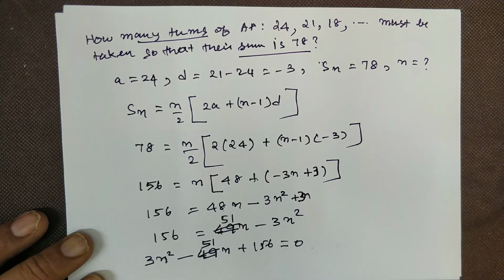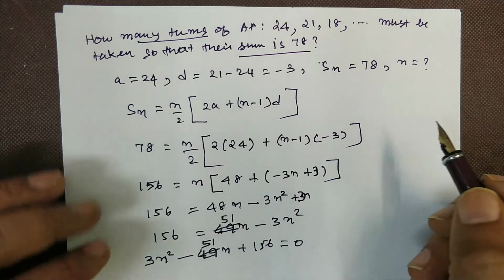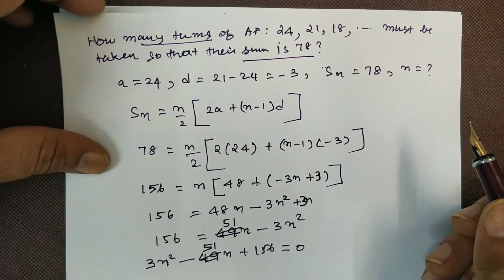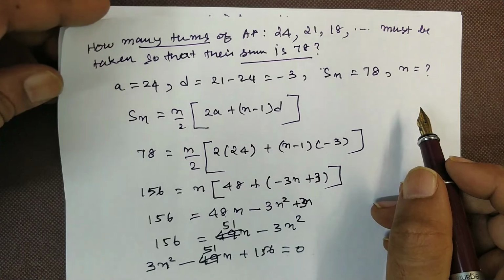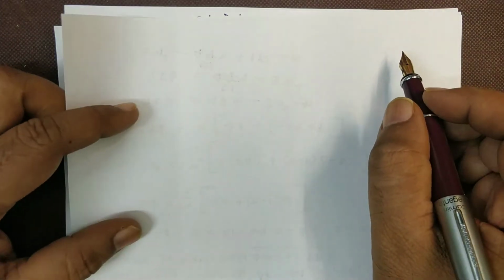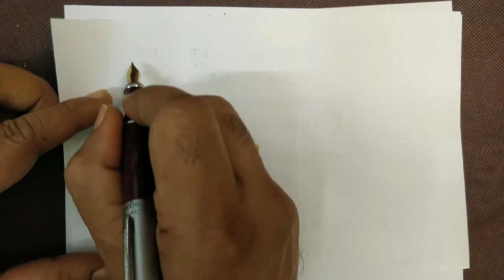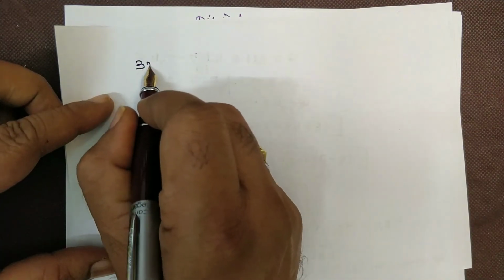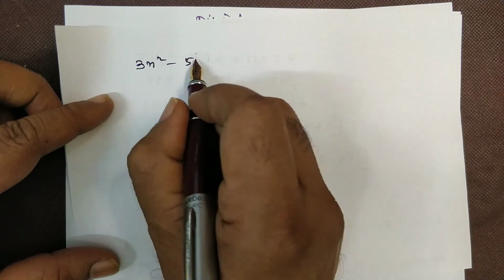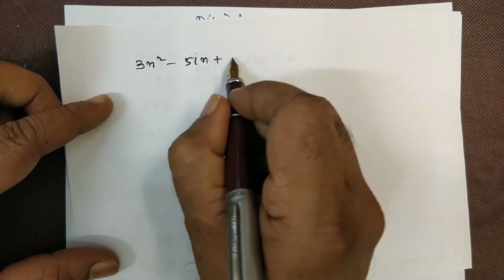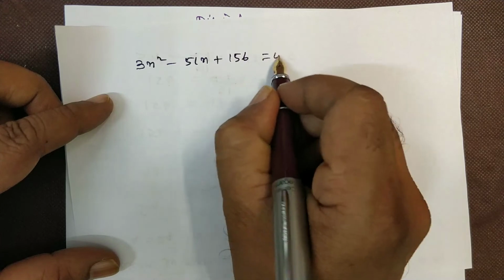Now we can split this by adopting the splitting the middle term. Factorization technique can be adopted. So what is the quadratic equation? 3n squared minus 51n plus 156 is equal to 0.